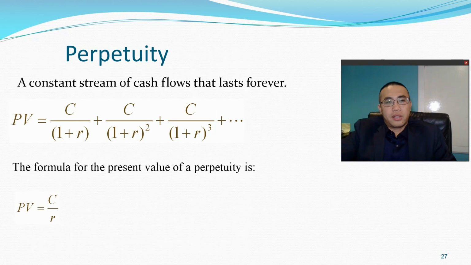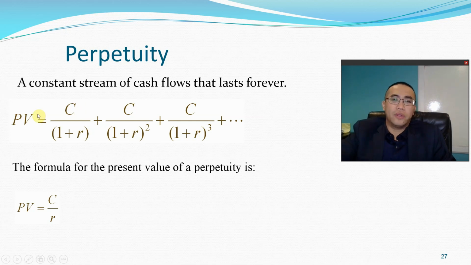The next subject is called a perpetuity. So what does perpetuity stand for? Forever. Let's say you have a constant stream of cash flows that last forever. You keep receiving the same cash flow, not just for 1 year or 2 years, but for 10 years, 100 years, a million years, and forever till infinity. That's called a perpetuity.